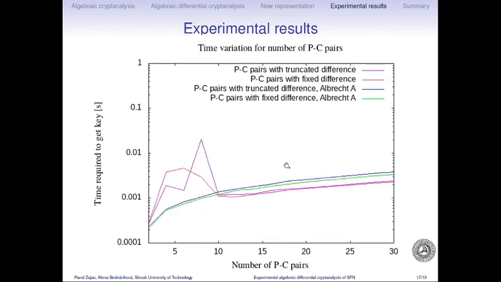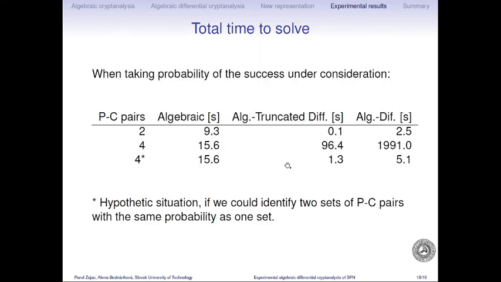Thus we can say that our method is in some way better, and if we take into account the probability, we can see that the best method is the algebraic truncated differential method, which outperforms the algebraic differential method and the purely algebraic method.